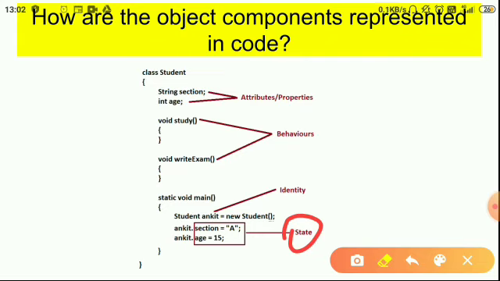We have already defined Ankit's section and age. Similarly we can define the section and age of Ankita as well. As soon as you create an Ankita object, Ankita's state will come into existence. Ankita will have a certain section and a certain age.